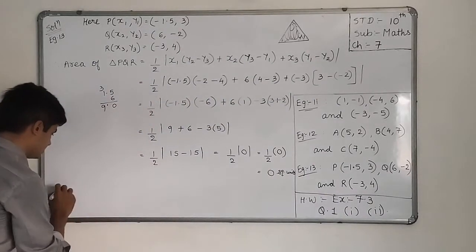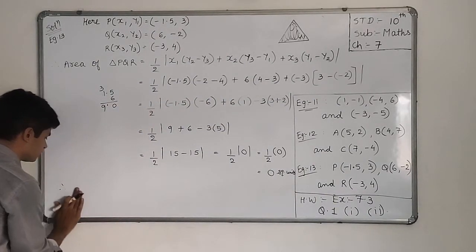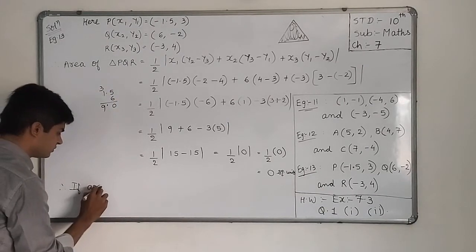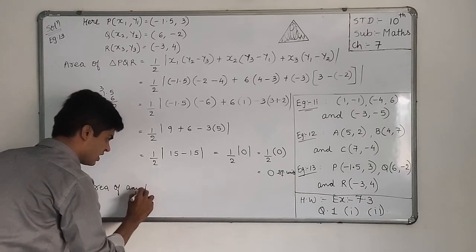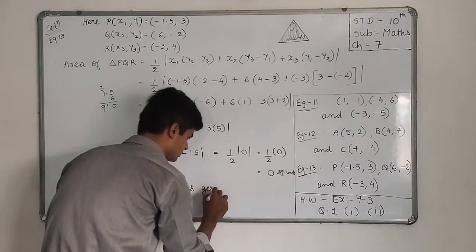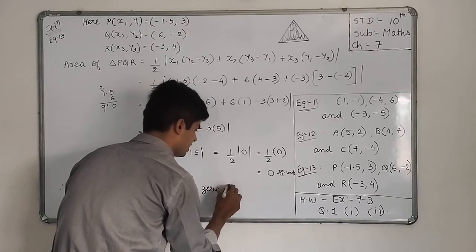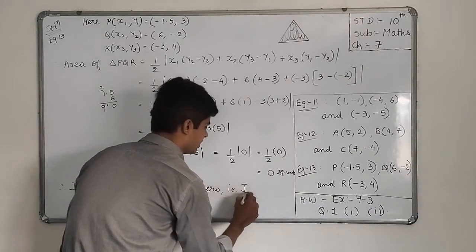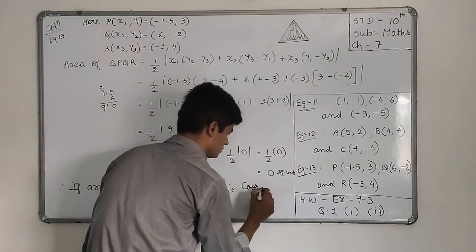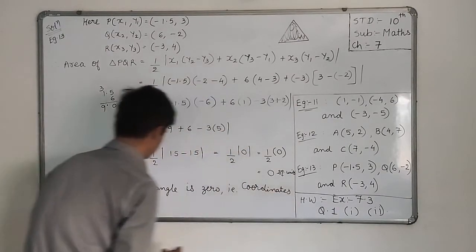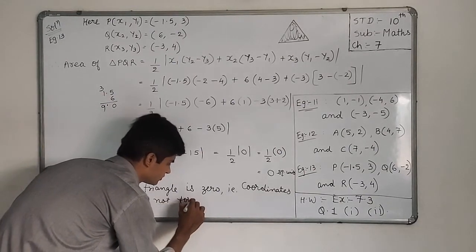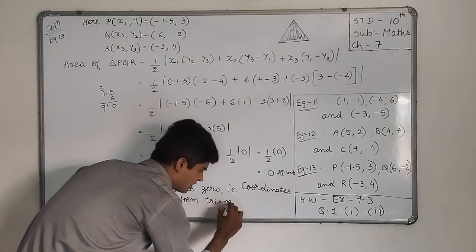So here we are going to write, therefore, if area of any triangle is 0, then it means coordinates does not form triangle only.